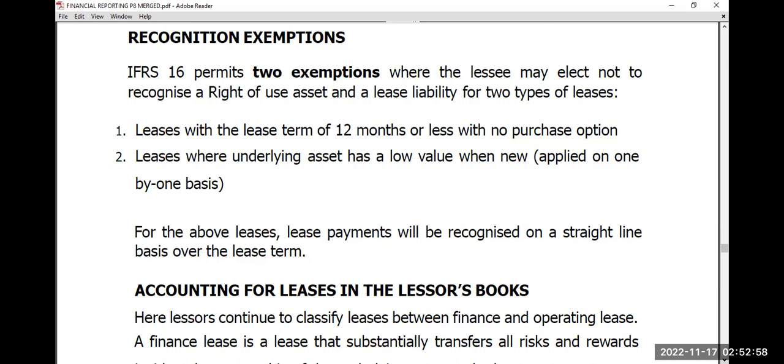But now, having seen how we account for those leases under the books of the lessee, or the person that is acquiring a right to use the asset, let's also look at how we are going to be accounting for these leases in the books of the lessor, or the person who actually owns the assets.